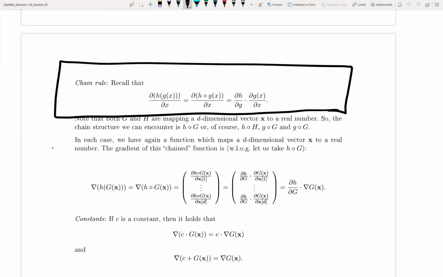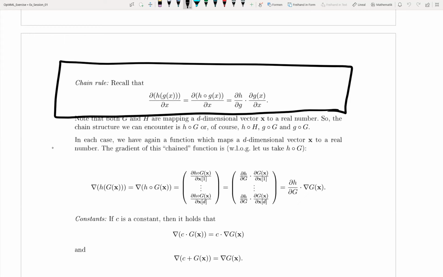And how can we compute then the derivative of this thing? Well, it's given in a product structure where we first look at the derivative of h with respect to g. So essentially we have the derivative of h with respect to its input, and for the input we simply plug in the value of the function g.